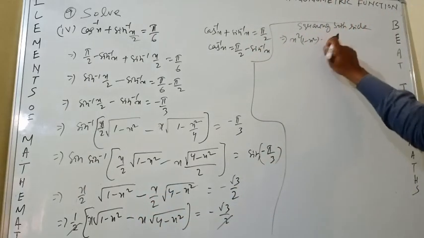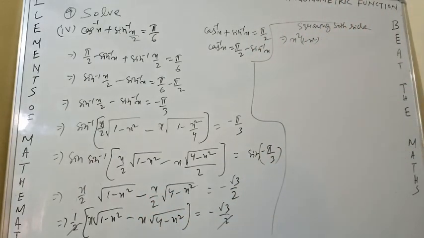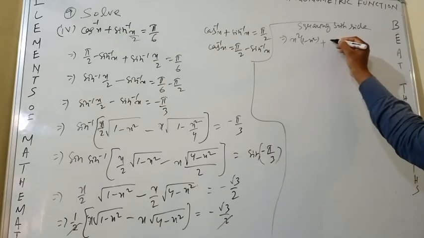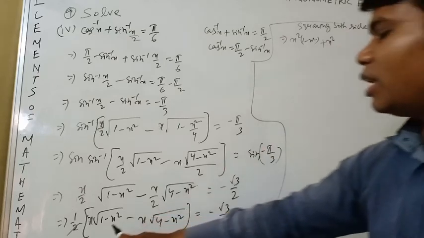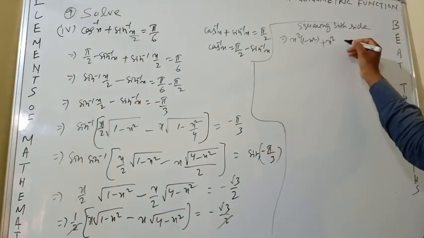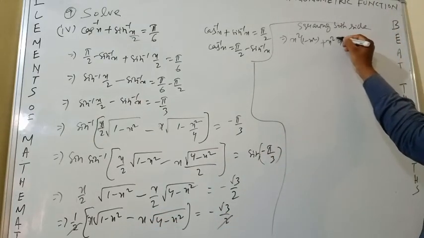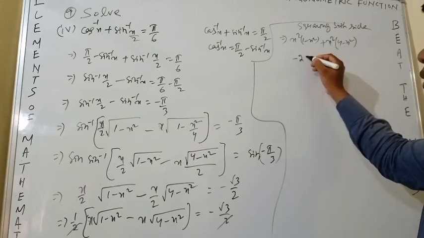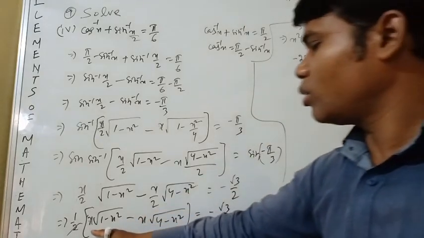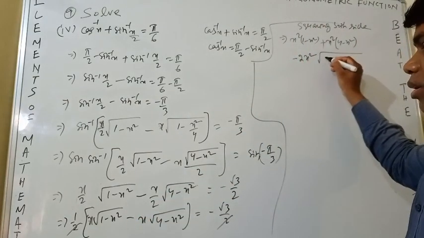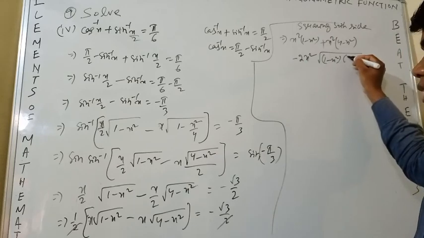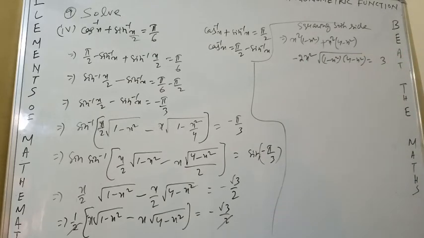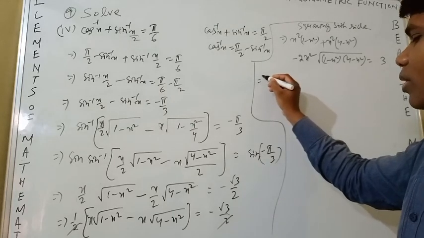So x into root over 1 minus x square, that is x square into 1 minus x square, plus x square into 4 minus x square, a plus b whole square, again plus 2ab, that is 2 into x square root over 1 minus x square into 4 minus x square, is equal to minus root 3 whole square, that is 3.